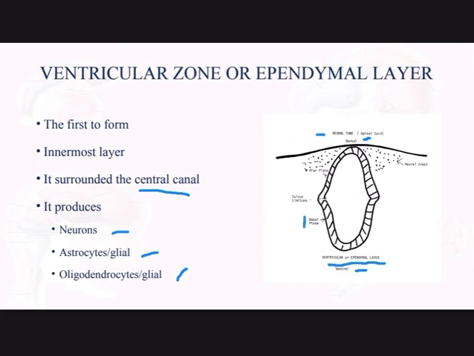This is the basal, this is the sulcus, and this is the alar. You remember this will do sensory, and this one here will do motor. But the ventricle will produce neurons and these cells, because they relate to the central nervous system. If you remember, these supporting cells are in the central nervous system.